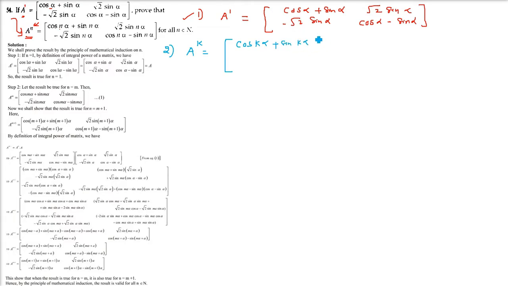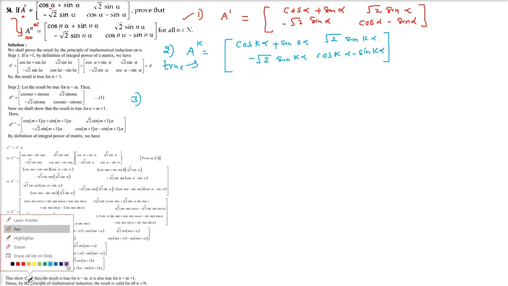Cos k alpha plus sin k alpha, then minus root 2 sin k alpha, then we have root 2 sin k alpha, and cos k alpha minus sin k alpha. Now we have assumed that this is true for n equals k. We have assumed it.